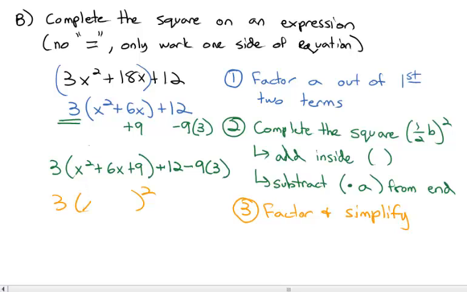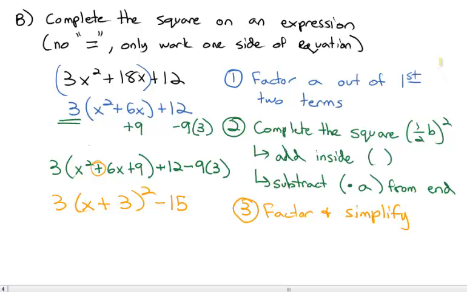So we take the square root of the first term, which is x, the sign from the middle, plus, and the square root of the 9, which is 3. Then we simplify the last part. 9 times 3 is 27, and 12 minus 27 is negative 15. We have now completed the square on the expression.